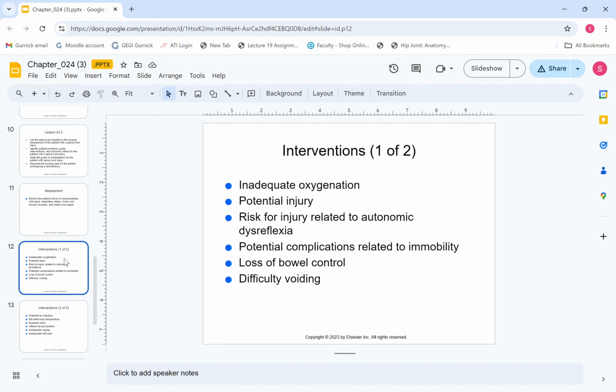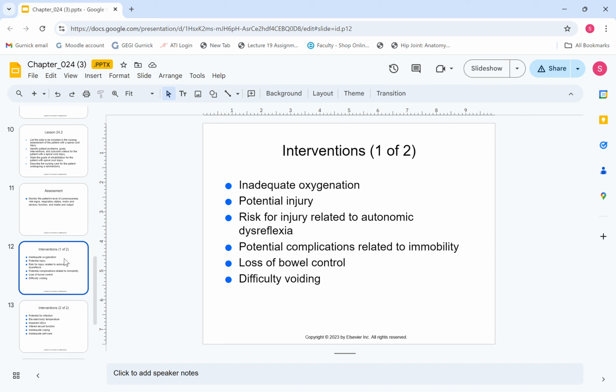All right. Okay, potential complications related to immobility. That might be a bed sore. All right. It might even be now we have more fluid accumulating in the lungs, right, from immobility. Could even be constipation, right?